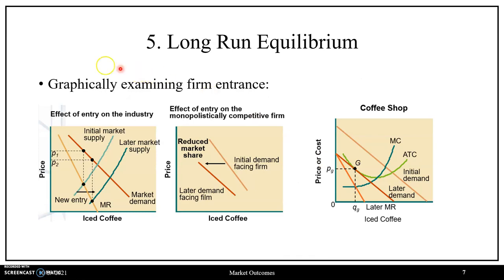Using this firm entrance and examining the process of a rightward shift in market supply and leftward shift in individual coffee demand, we can establish our long-run equilibrium.